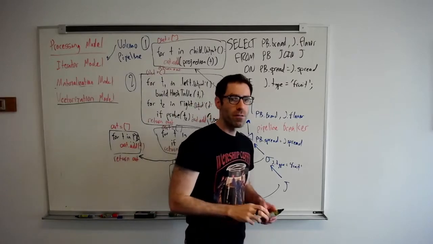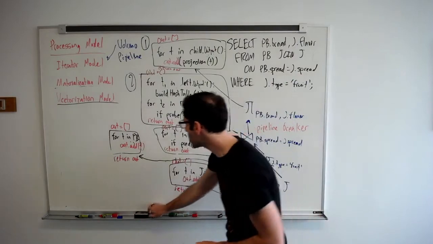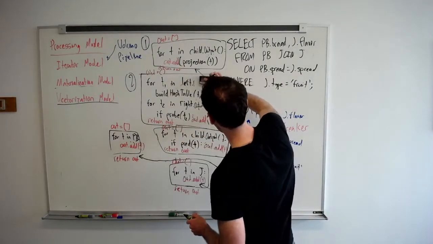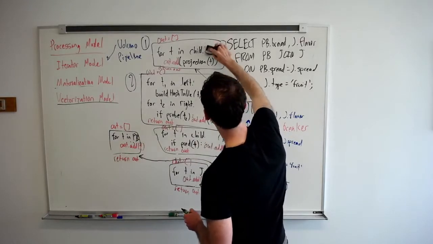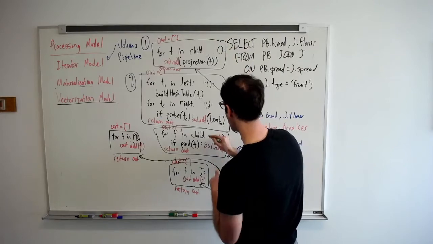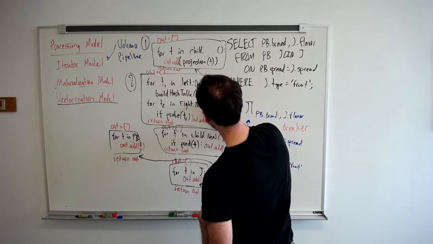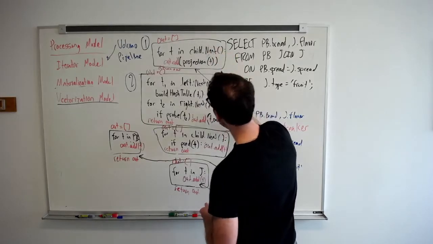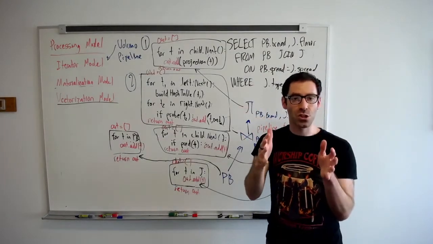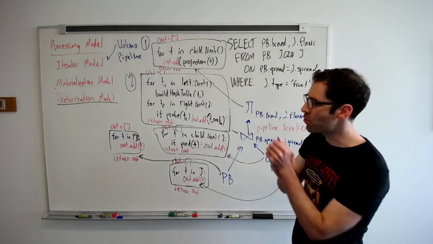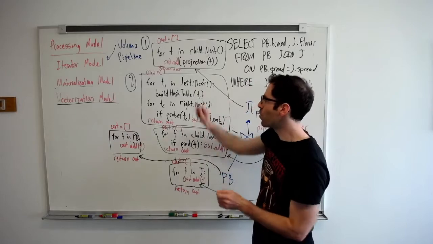In our vectorization model, we're going to go back to the world where we have a next method instead of an output as our operator API. But instead of next returning a single tuple, we're going to batch them up and return small chunks of tuples with each call to next.